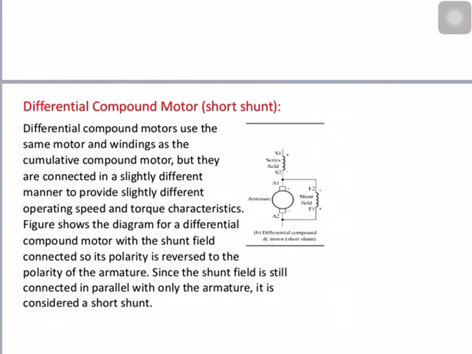Due to this, the speed remains almost constant, or it may even increase slightly with increasing load, because N is directly proportional to E_b by phi. Differential compound motors are not commonly used, but they find limited applications in experimental and research work.